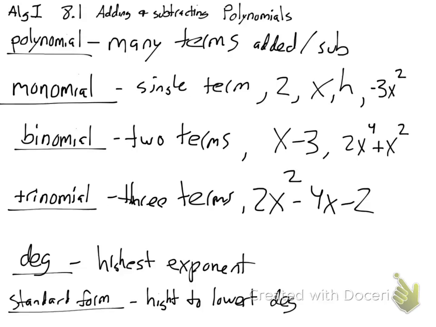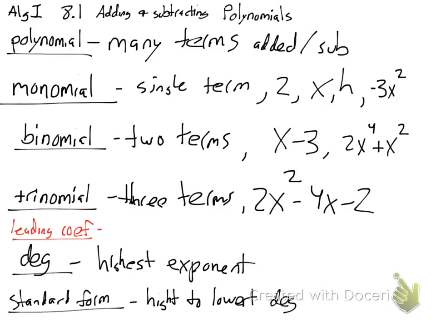One more thing I want to add to this is something called leading coefficient. Maybe I'm going to squeeze that in here. I'll change colors for you guys so you can see it. Leading coefficient.